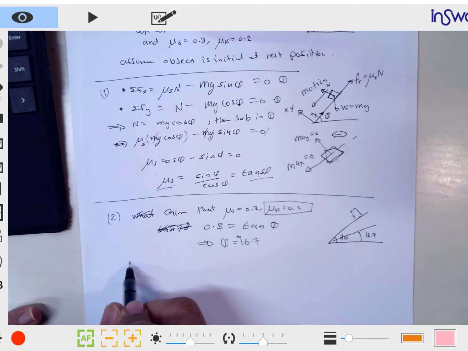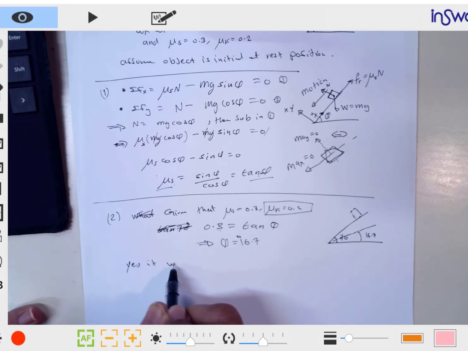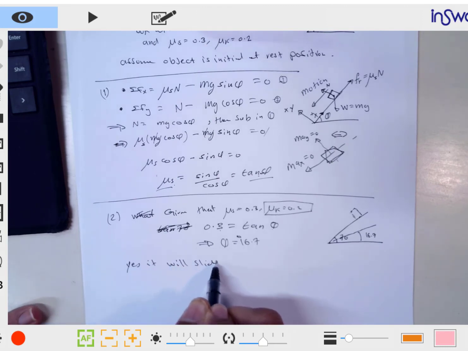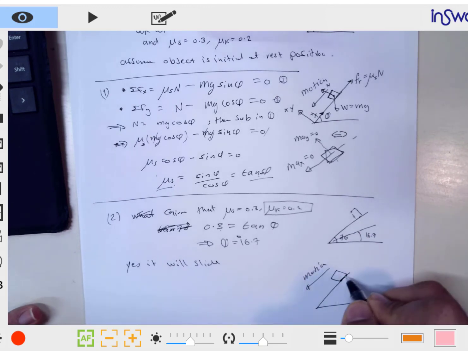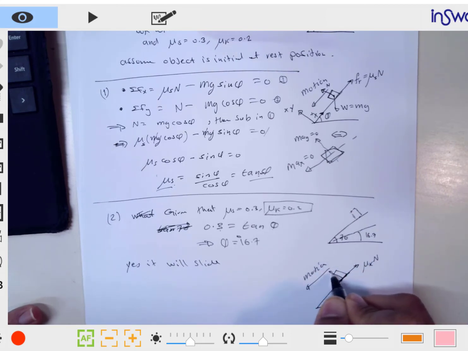So yes, it will slide. Now it will slide, meaning that the problem now is clear. Gonna slide downward. This is your motion, and that's gonna be your mu k N, not mu s.